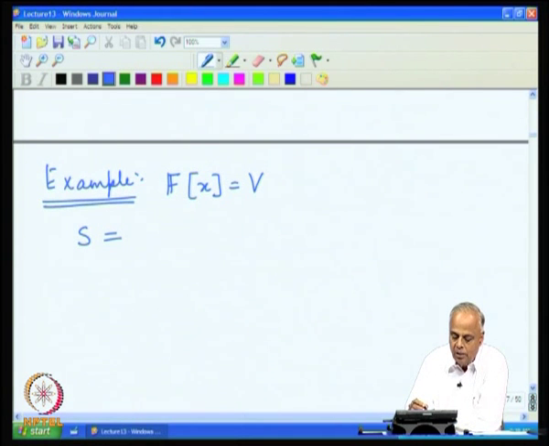In this case, the vectors in V are polynomials with coefficients from F. So, we are going to consider S to be a collection of certain polynomials.